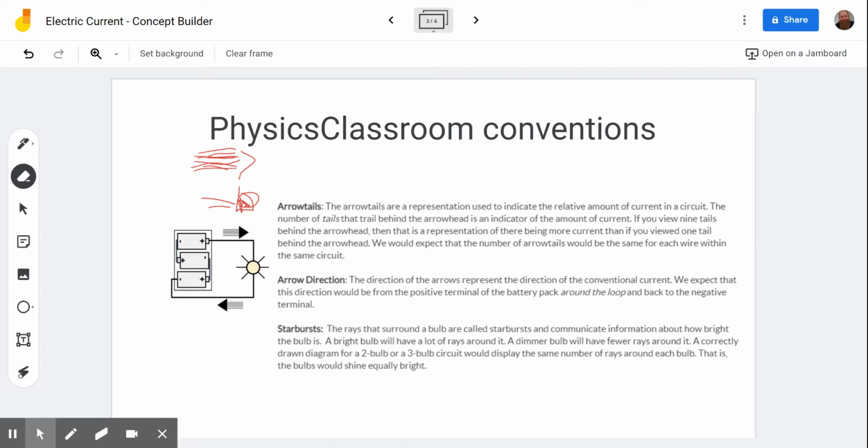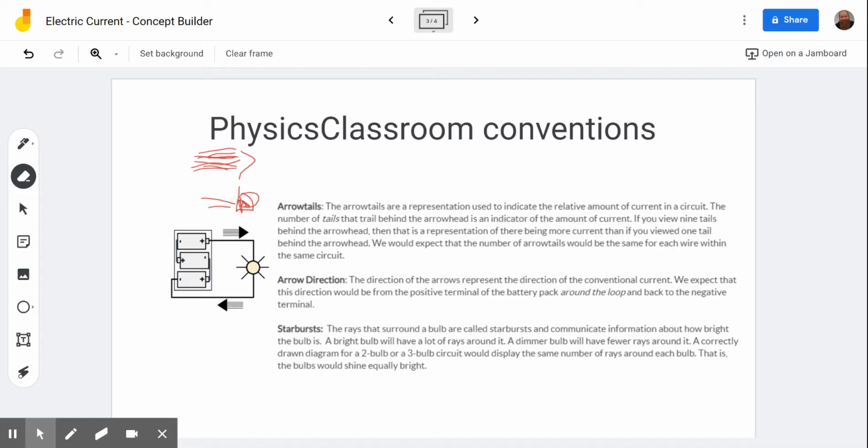This can't happen because we can't have a different current here and here. It has to be the same current throughout a series circuit. By the way, notice how they hook up the batteries here. This is a series circuit because there's only one path through there. They can't go here. There's no wire there. They have to go through like that. So series circuit, there's only one path.